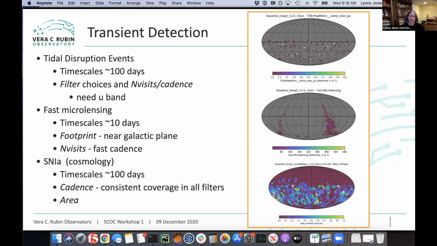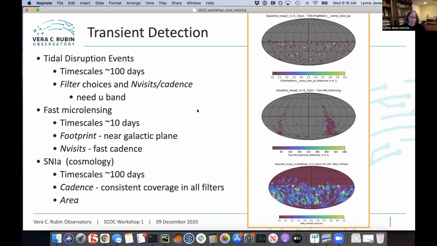Again, when we go in depth for TVS science, we look at more metrics. But these are some that we've pulled out to this more overview level because they depend very sensitively on some particular aspects of the survey strategy, but also because these are some of the most fleshed out metrics that we have so far. This is totally an area where we're looking to expand.